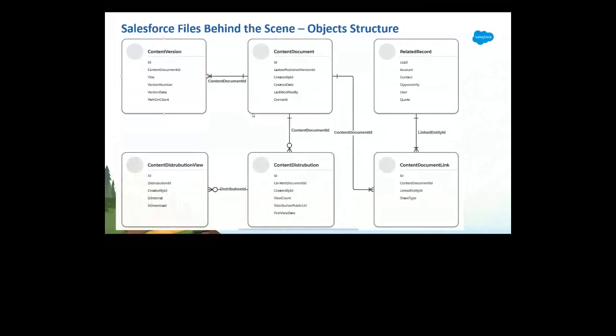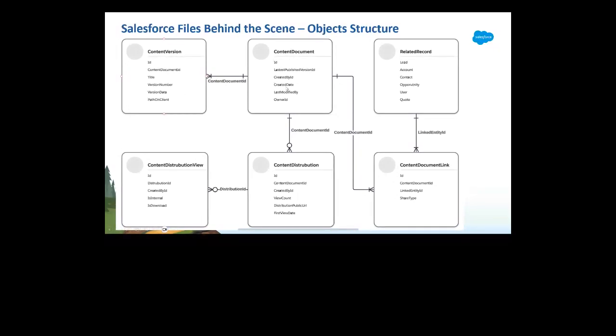So whenever you upload a file, it goes to the content document as a parent, but the actual binary file, the actual body of the file, is stored in content version, which is a child of the content document. So you could see I put the content document object as the primary object, as a parent in the middle, and the content version holds your binary file, title, extension, path, etc.